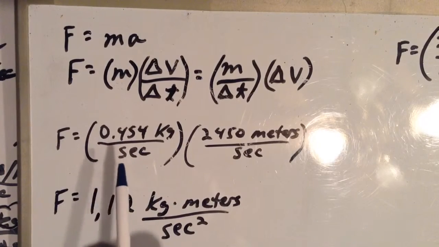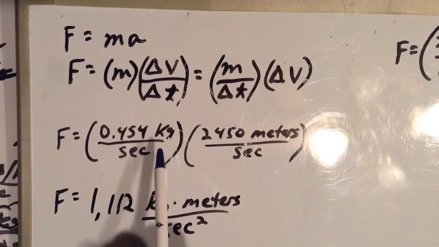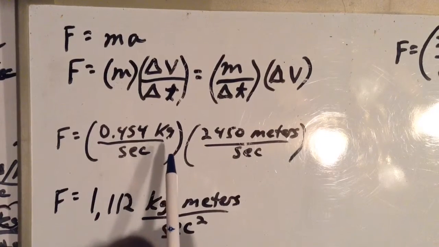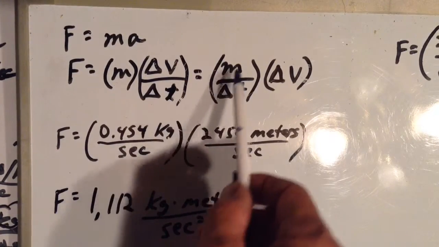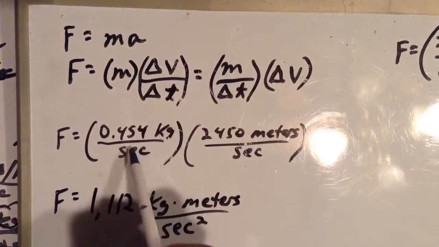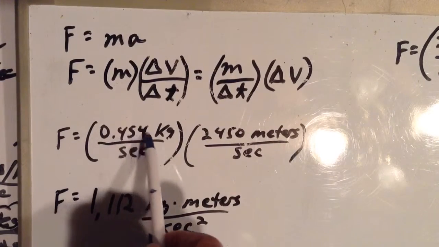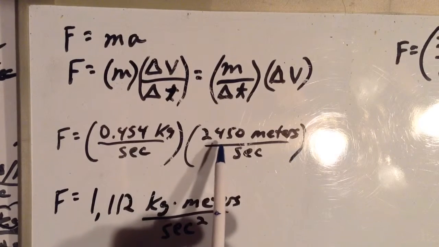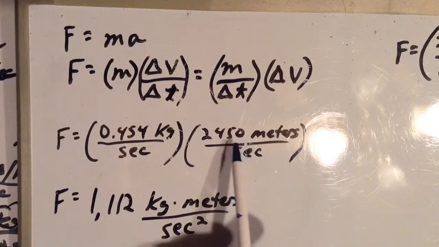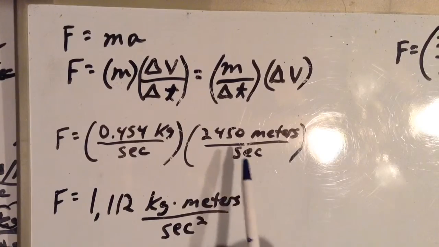Getting back on subject, our rocket engine burns 1 pound of fuel per second. We'll use this equation: our mass per unit time, which is 0.454 kilograms per second, and our change of velocity is 2,450 meters per second.